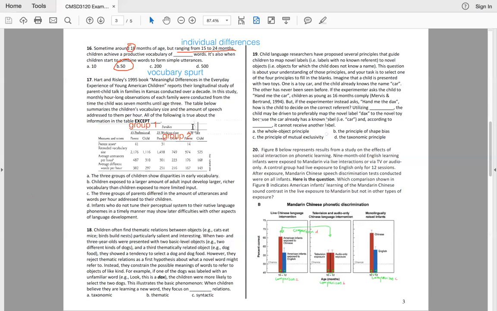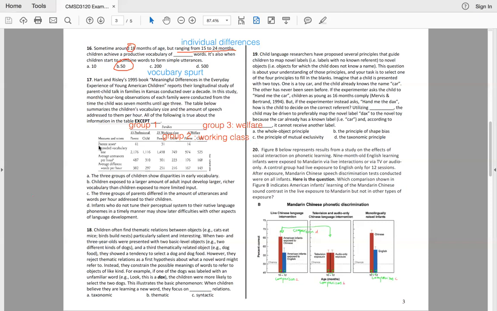The three groups of children show disparity in early vocabulary. That's true.